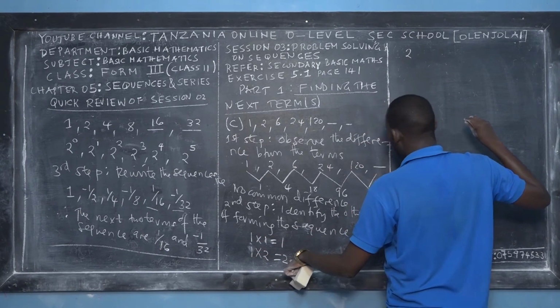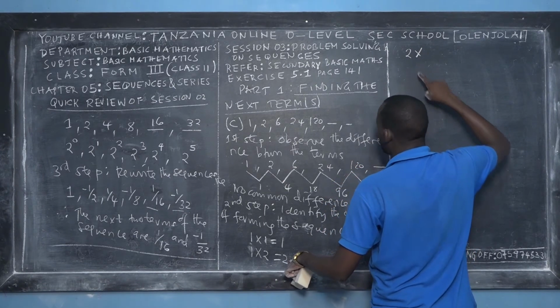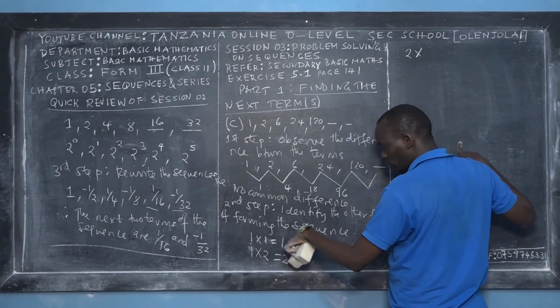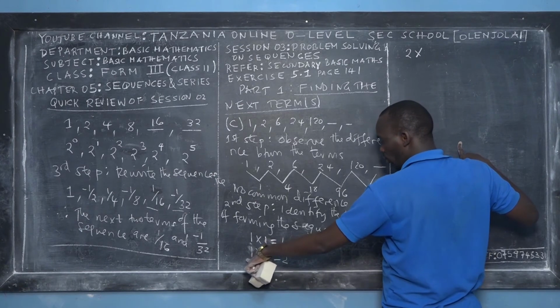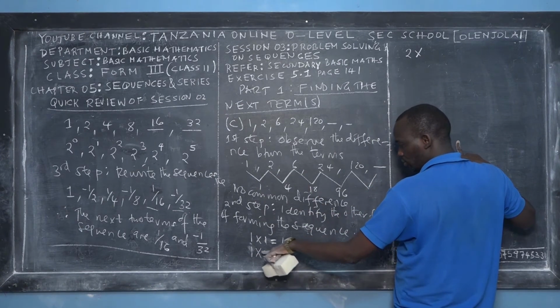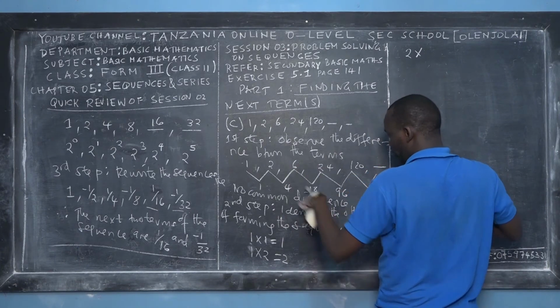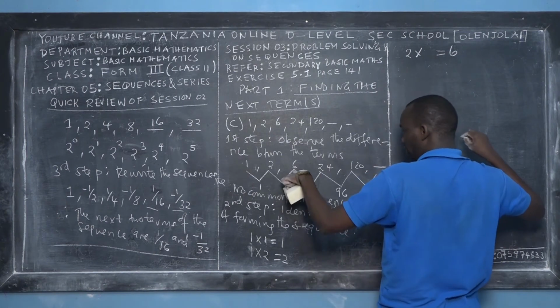And then now we take the second term, which is 2. We think, which number should we multiply 2 by to get 6? Just like here, we took 1 times 1, we got 1. Then we take 1, what should we multiply with 1 to get 2? The answer is 2, so 1 times 2 is equal to 2. And again we have 2, what should we multiply with in order to get 6, which is the third term?